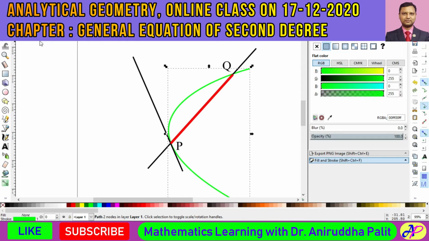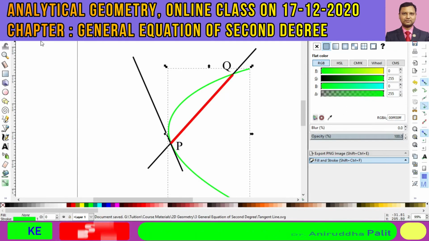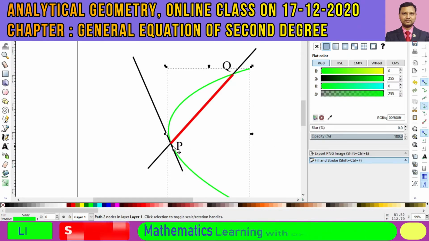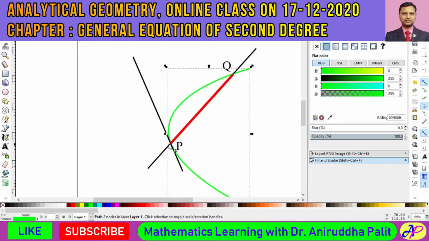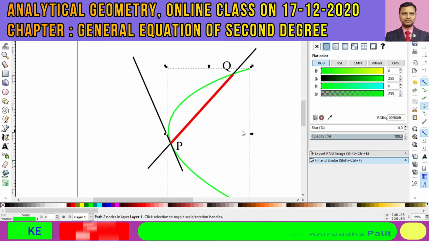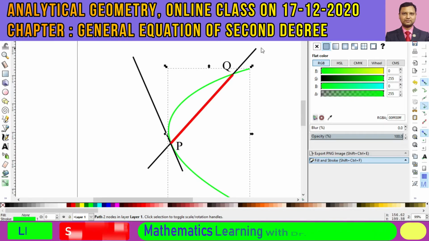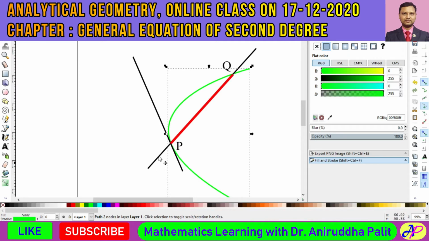And in this curve, we have a point P. This is the point P. Hopefully, this cursor is visible to you. This is the point P, and we draw any arbitrary straight line through this point.